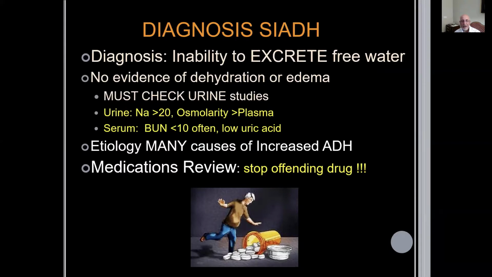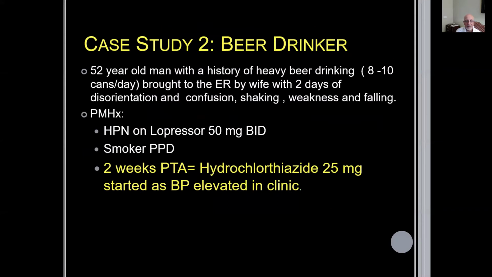If the patient has beer potomania or psychogenic polydipsia, the urine osmolarity will be low, whereas in SIADH, the urine osmolarity is very high. Again, there are many causes of increased ADH, and you must review all the medicines, stop the offending drug, and make sure the patient is not discharged on those drugs.